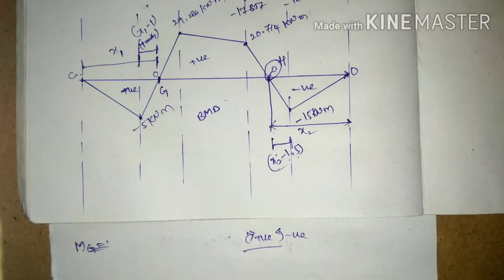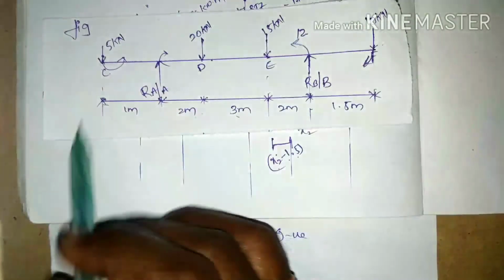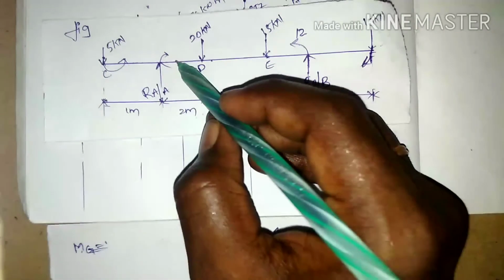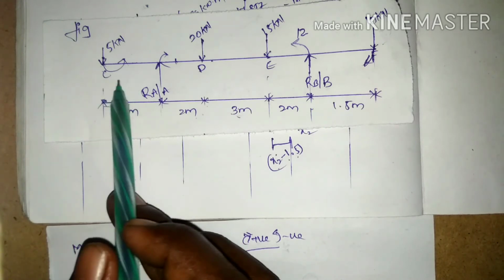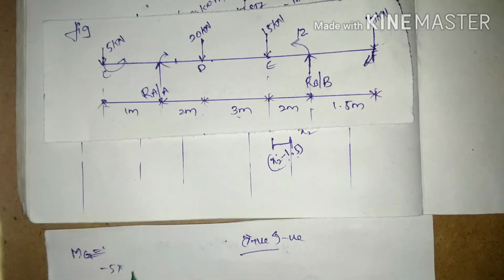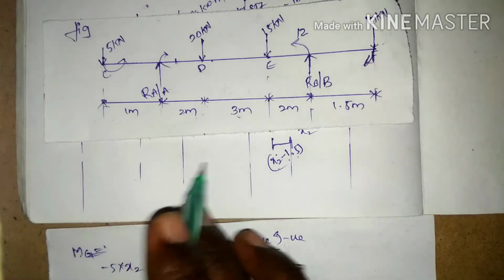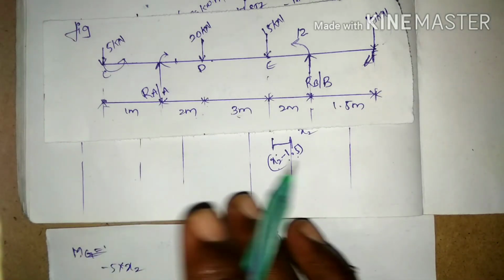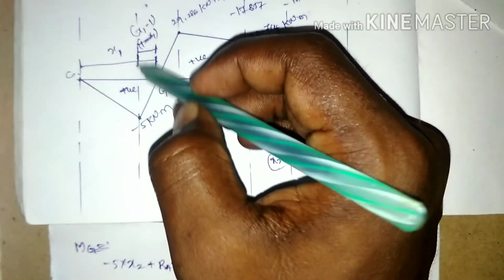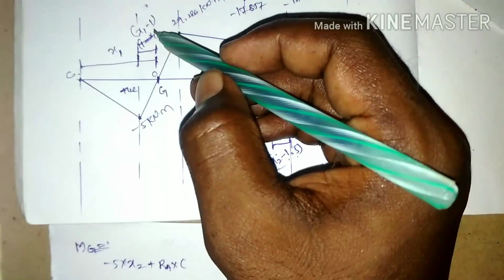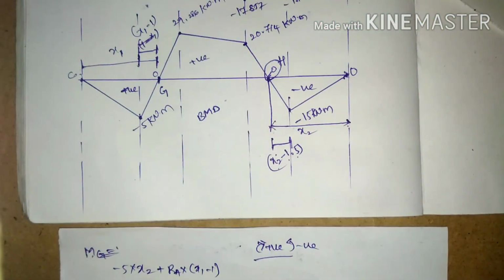Here we have a diagram. This is taking an anti-clockwise direction, so minus 5 into the distance x2, because we don't know the exact distance from C to G. And next, positive RA into x1 minus 1 is equal to 0.